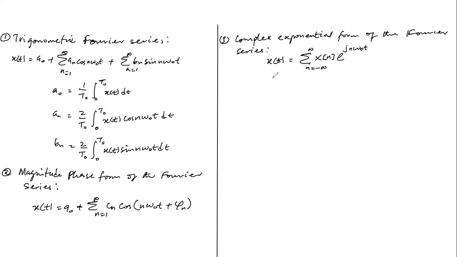Okay, and s of n is given as 1 over t0 integrated over one time period, x of t times epsilon to the minus j n omega t dt. And note that s of n is a complex number.